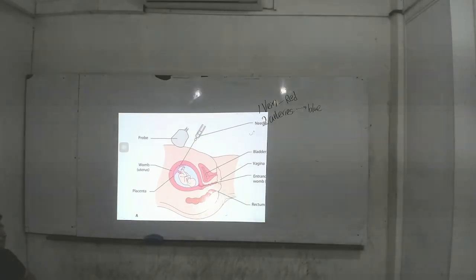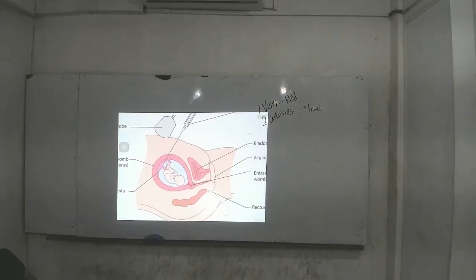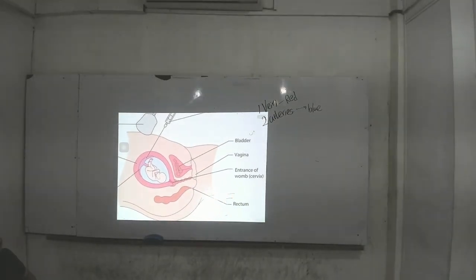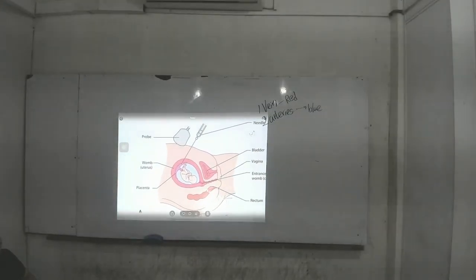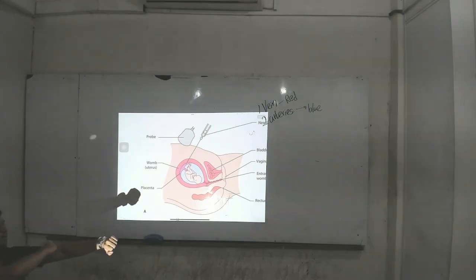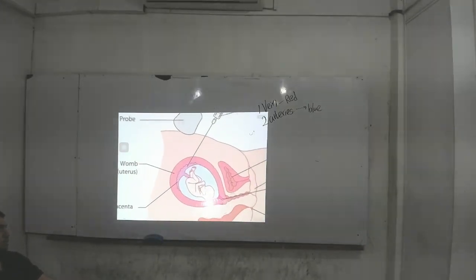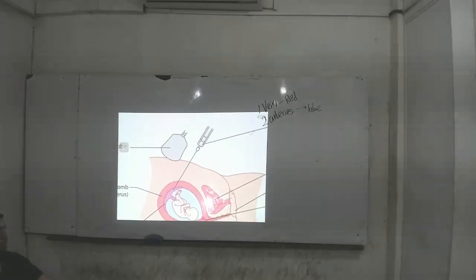So to check if the baby is healthy, if the baby is growing in the mother's womb or the uterus, we can do some tests before the baby is born, right? So one of the things we can do is, what is this? This is the placenta, no?